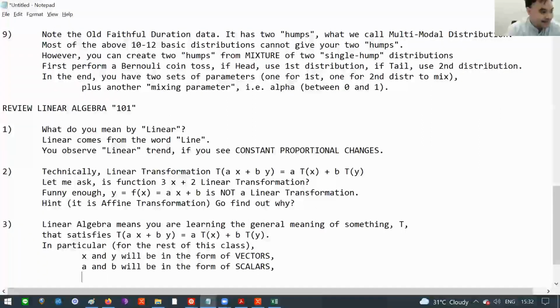Okay, and finally, and this is the big reveal, T of X will be in the form of matrix multiplication, A times X.